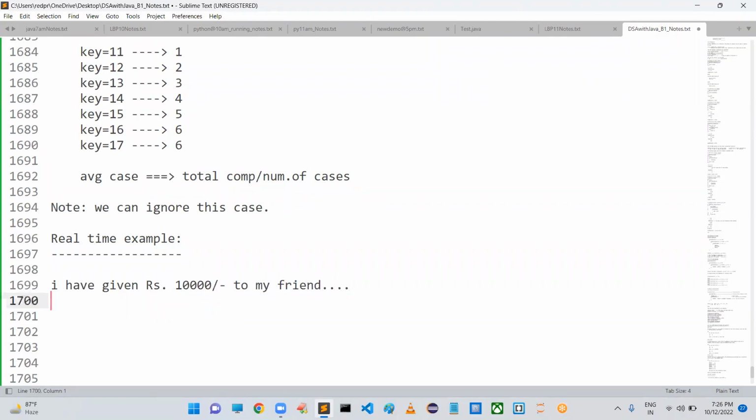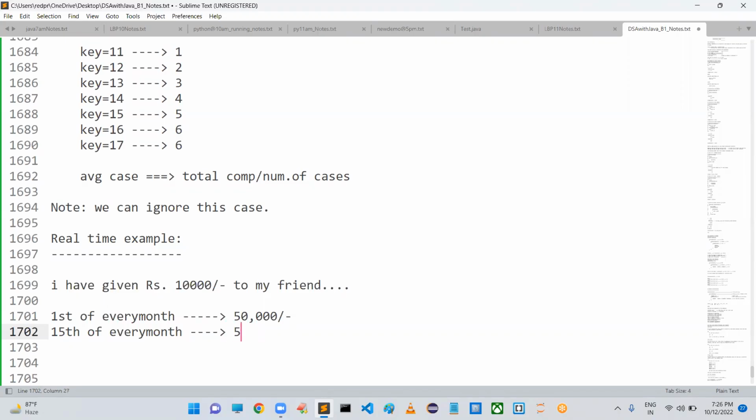I already told this example. I have commitments on the first of every month. Assume my commitment is almost 50,000 on the first of every month. On the 15th of every month, I have a commitment of rupees 5,000.